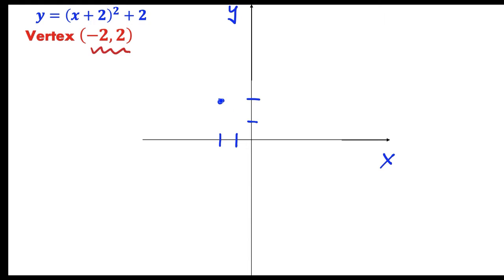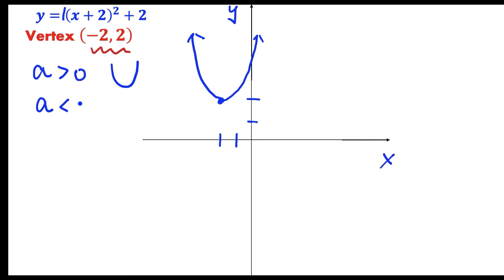And then the graph will be going up, facing up, because a is 1. Whenever a is bigger than 0, the graph is facing up. When a, the first coefficient, is less than 0, a negative number, the graph will be facing down.